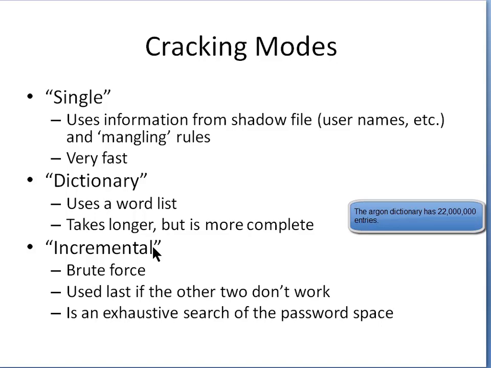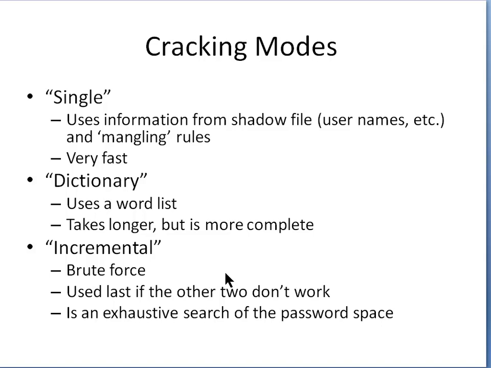And finally, there's incremental mode. And incremental mode is a brute force technique, and we talked about that in a previous lecture. And so this goes through every possible password in the key space. And because this could actually run forever, we want to use this last if the other two don't work. And remember that you don't have to break everybody's password.